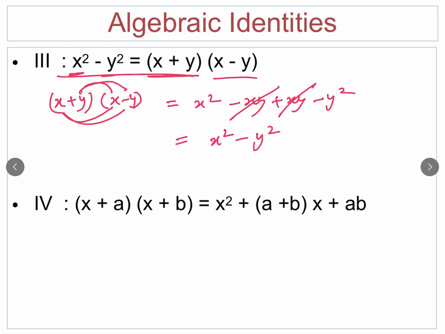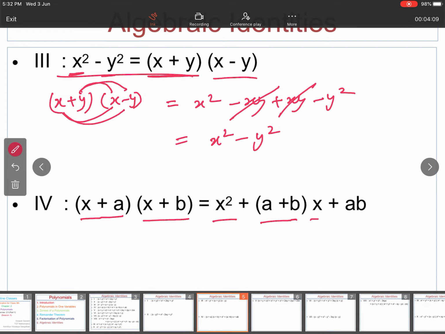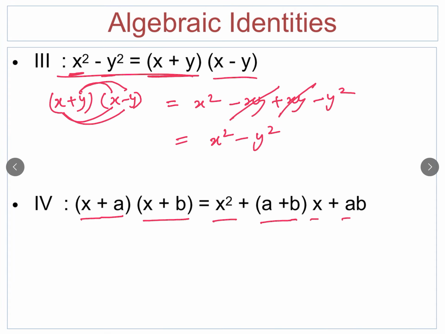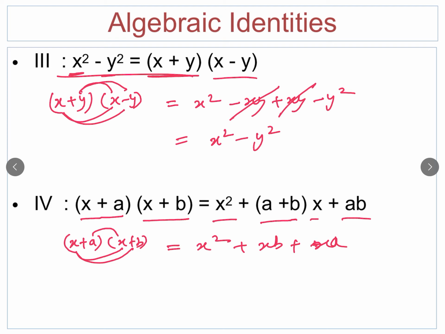Next we have (x plus a) into (x plus b) is equal to x square plus (a plus b) into x plus ab. We can solve this like, first write (x plus a) into (x plus b) equals to, again first we multiply x with the x here, so this will be x square, then x with the b here will be xb, then a into x will be xa, then a into b will be plus ab.